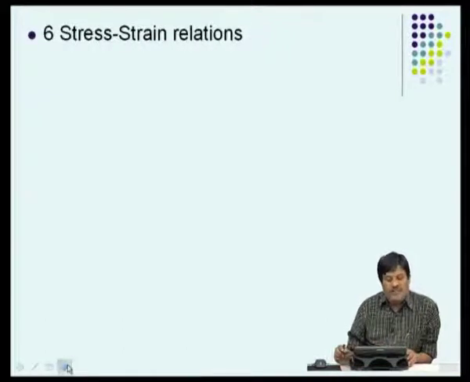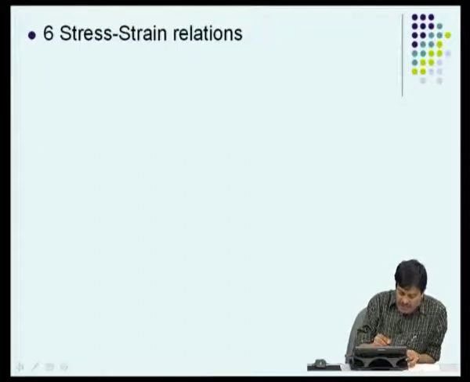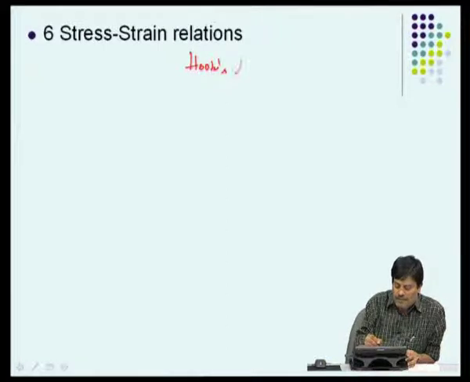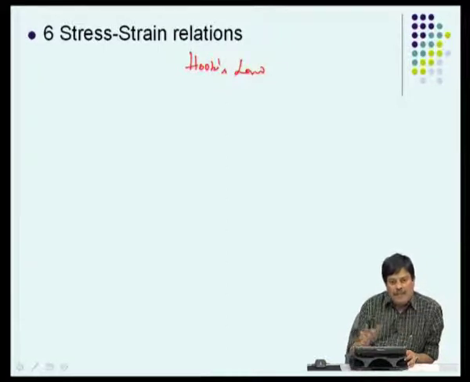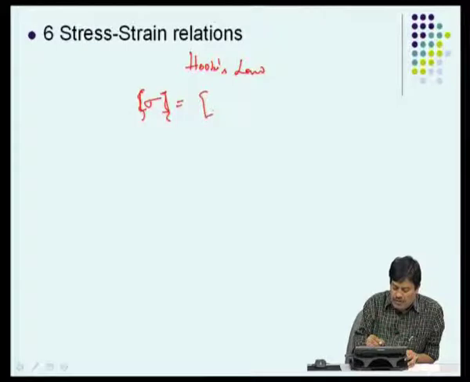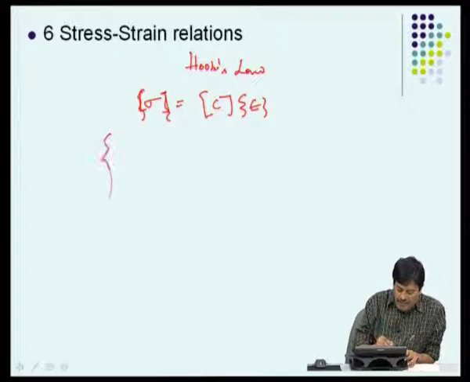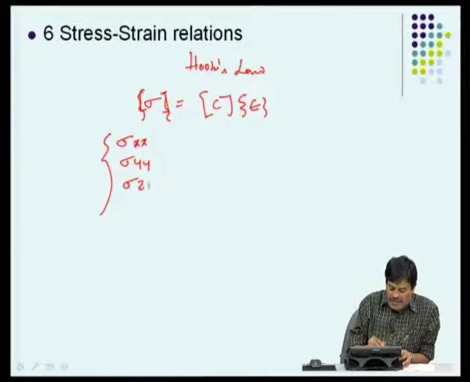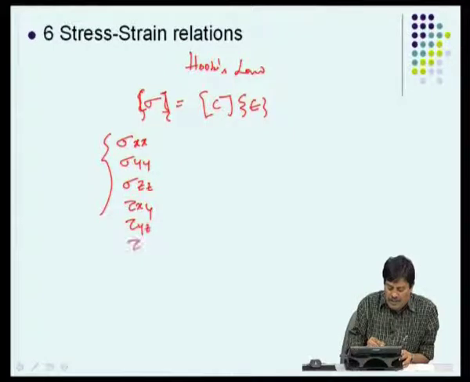Next set of equations are the 6 stress strain equations, which are given by what is called Hooke's law, which basically relates the stresses and strains with a matrix. The stress vector sigma will be equal to some C matrix into epsilon, where we have the 6 stress components sigma xx, sigma yy, sigma zz, tau xz, tau xy, tau yz, tau zx.